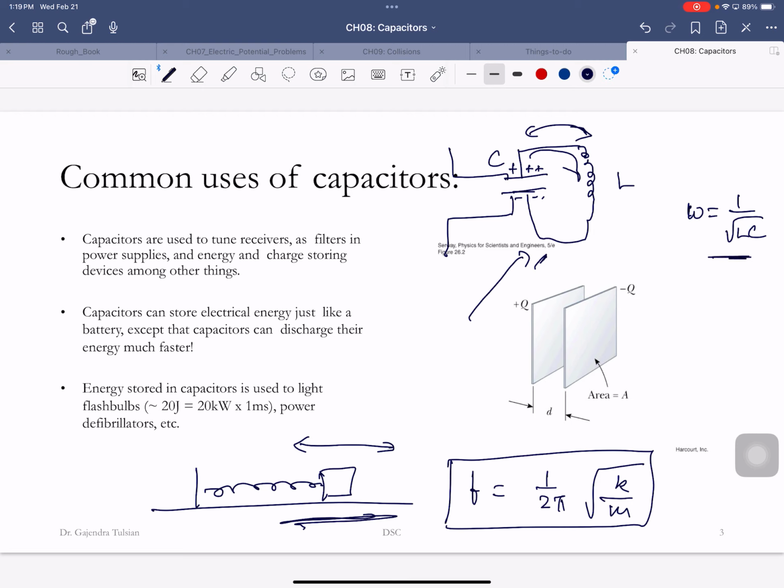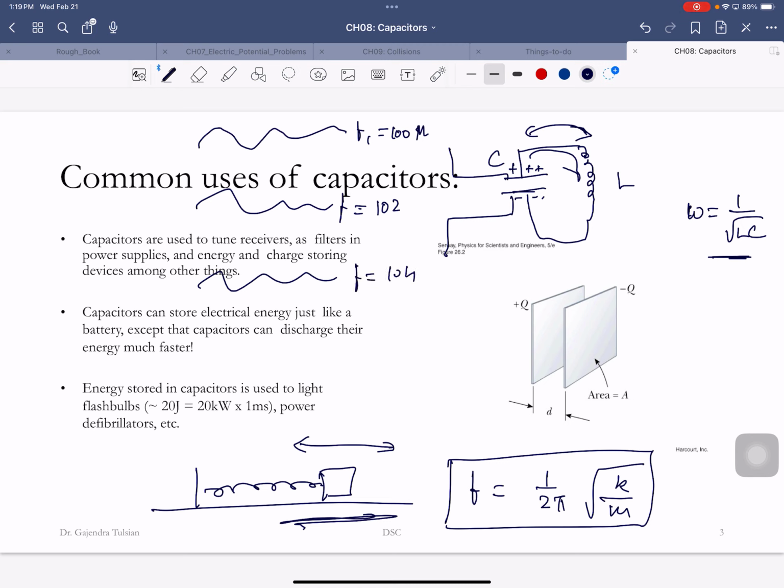So now here's the deal. Let's say there's several signals in this room. This is a frequency of 100 megahertz. Here's a frequency of 102 megahertz. Here's a frequency of 103 megahertz, 104 megahertz.